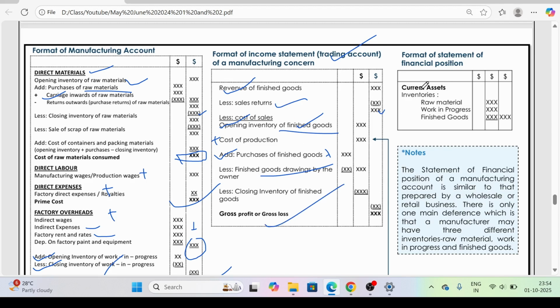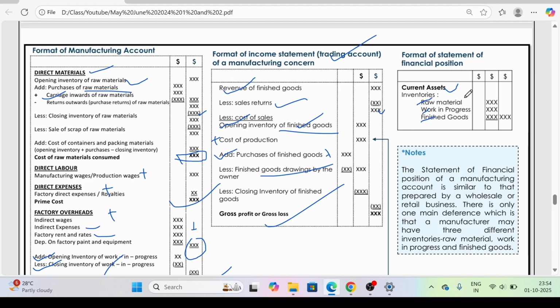Then one more biggest change is in the statement of financial position under current assets. Normally for a sole trader, current asset inventory, we will take only closing inventory of finished goods, right? But here we have to add all three: raw material, work in progress, and finished goods.